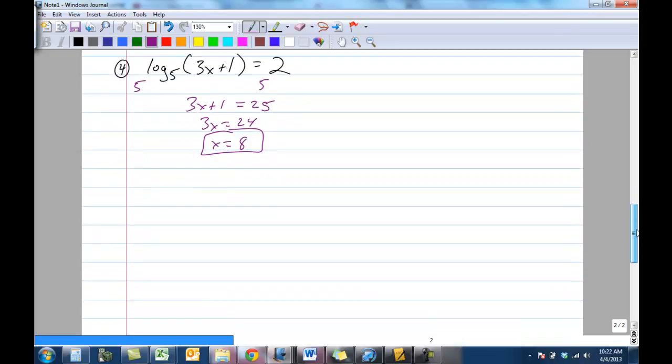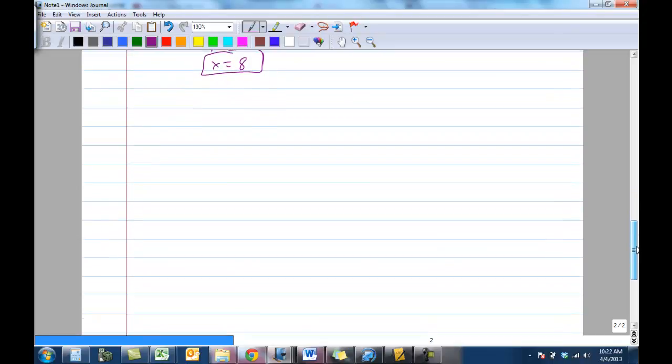One more. Let's try this one. Number 5, right? Log base 4 of 5x minus 11 equals log base 4 of 3 minus 2x. So here's what's up.